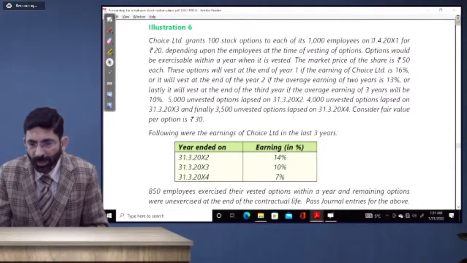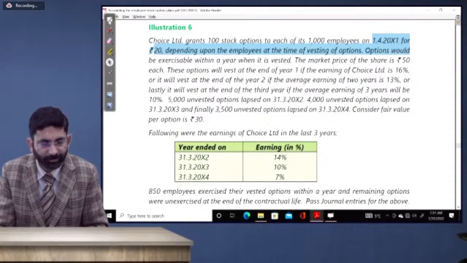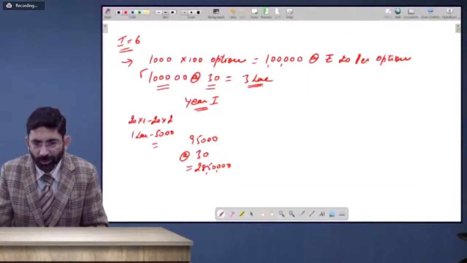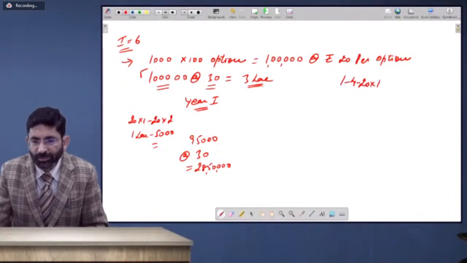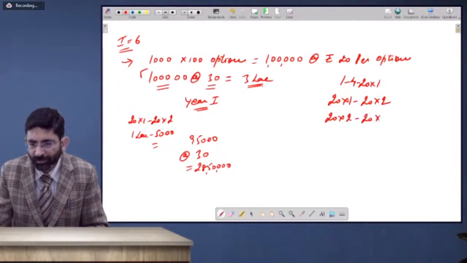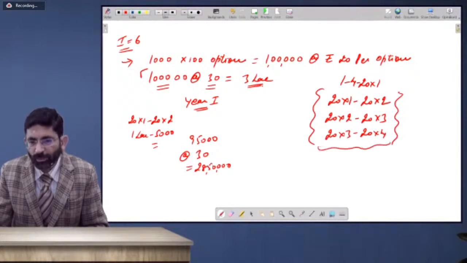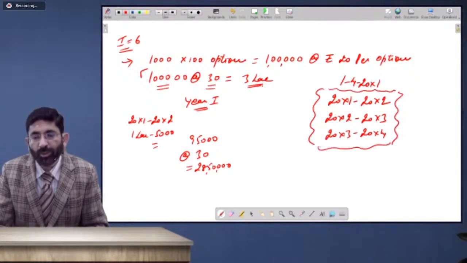This is on 1st of April 2011. So the calculation of the period is with you, 1st of April 2011. So we have 3 years with us: 11-12, 12-13, and 13-14. So these are 3 years with us. We have to write off our losses according to this.